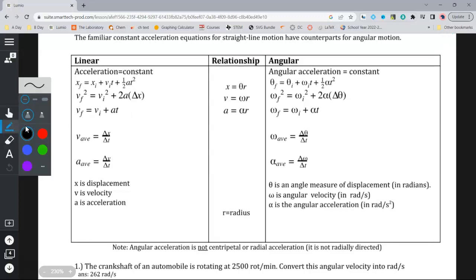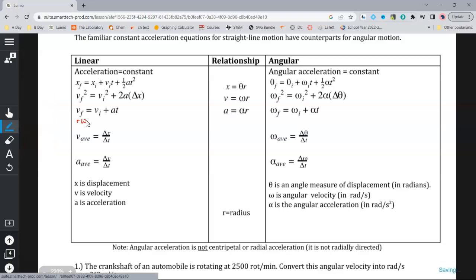If I substitute that into this equation, I would have r omega final equals r omega initial plus, for acceleration, r alpha t. Now all of those r's are the same, and so what you'll notice is what I end up with is this equation right here.